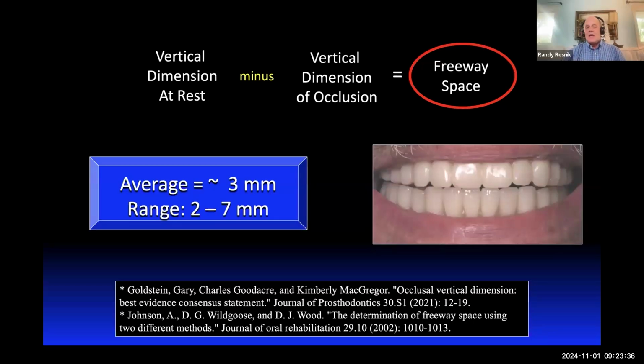Numerous studies have evaluated what is the ideal freeway space, and most studies show approximately 3 millimeters. Other studies will have a range, the most common being approximately 2 to 7 millimeters, but usually the freeway space, meaning when you determine the VDR and the VDO, 3 millimeters is ideal.